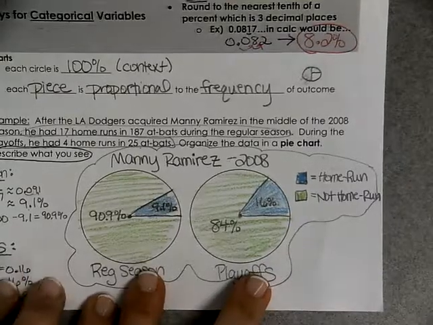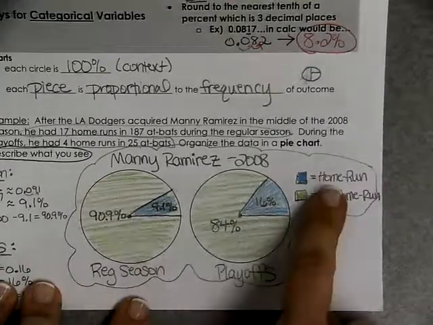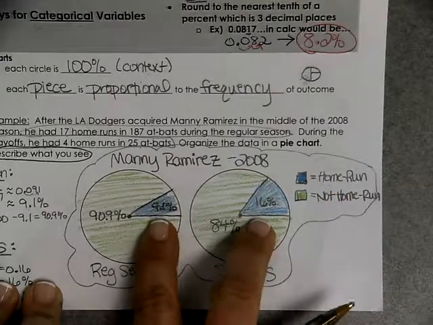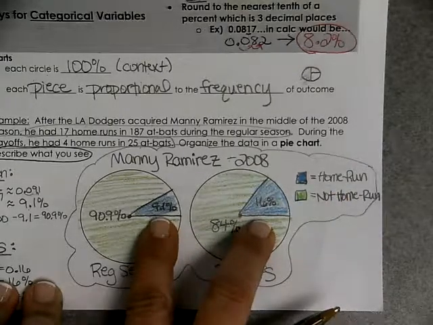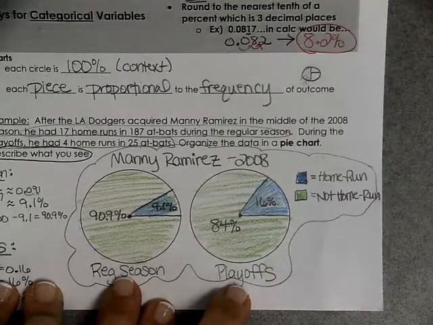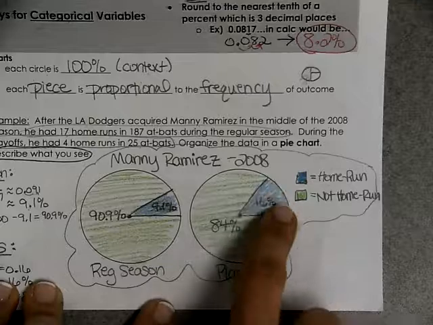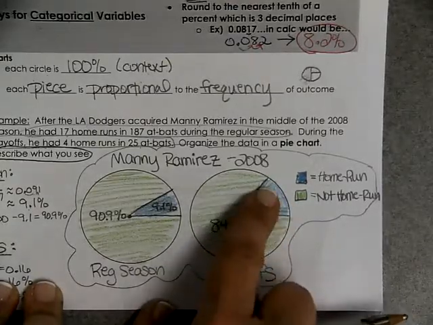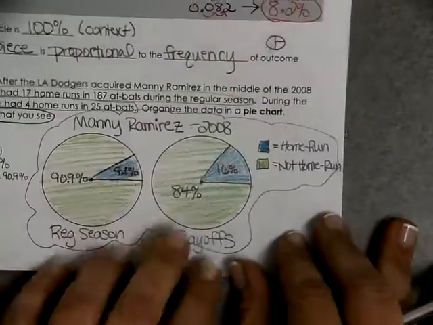And these are different performances. And because we're looking at the home runs, we can visually see where the performance was better or worse. And so what we notice is that the playoffs had a larger percentage of home runs than in the regular season.